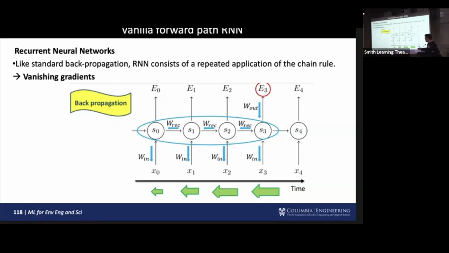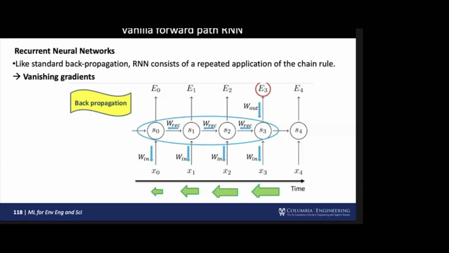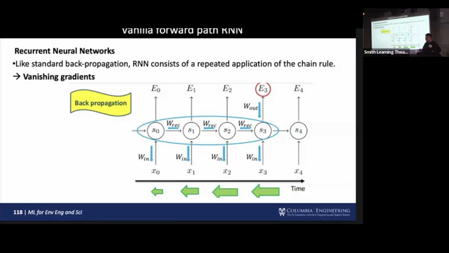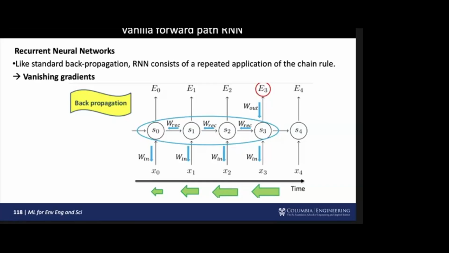But if your recurrent weight is 0.1, then as time goes by, you have 0.1 times 0.1 times 0.1 times 0.1. It becomes very small. So those gradients either explode or disappear. That's called a vanishing gradient. That's one of the disadvantages of using RNN here.